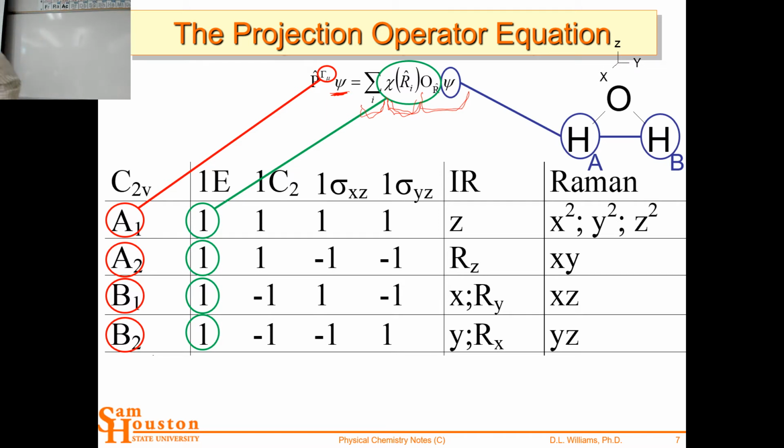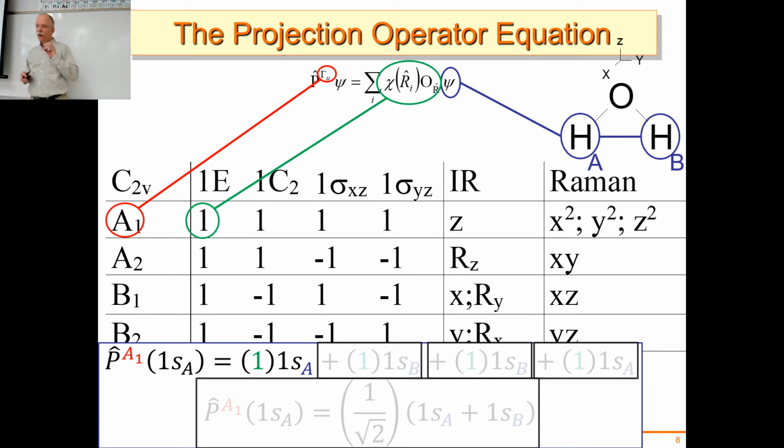And so let's walk through this one piece at a time. So we'll start with the top row. So we do this for every row in the character table. Again, this is a projector, so we're projecting through the character table, so we've got to take into account every row. This would be really tedious to do, but we'll just do a couple of examples in today's lecture, and then you'll see how the molecular orbitals are created.